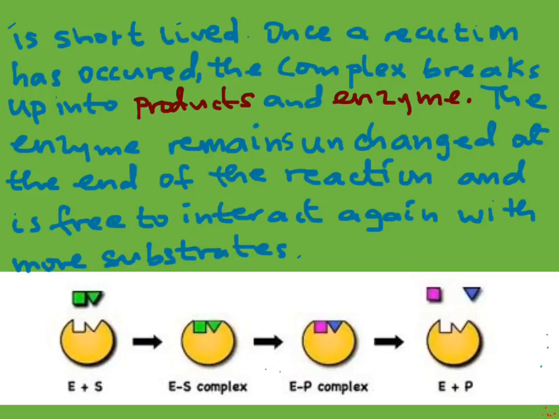The enzyme product complex is formed, which is also short-lived, and this leads to the fourth diagram that shows that the product now is released, or the product leaves the active site, leaving the active site of the enzyme free for it now to accept other substrate to start other reactions. So that is how you have to understand this diagram.